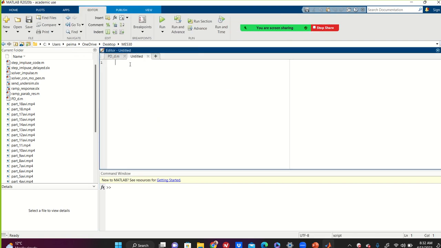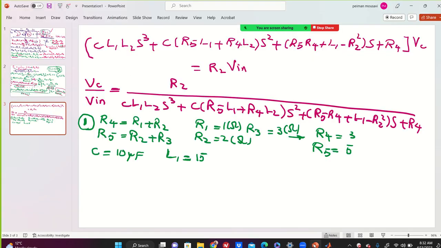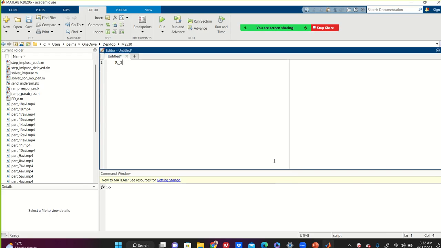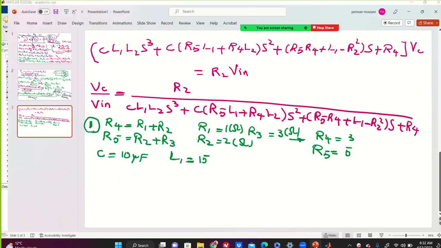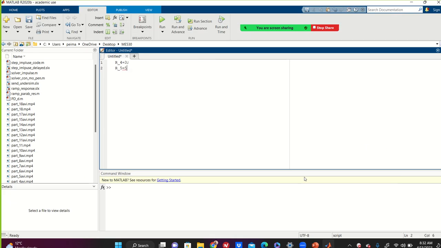Okay. R1, because I want to make a point at the end of this class. R1, can you give me the numbers I assigned? R4 was 3. R4 was 3. R5 was how much? 5? Yep.